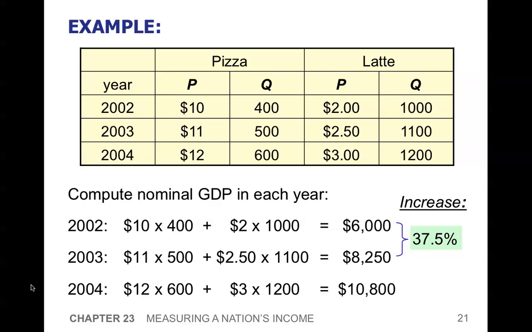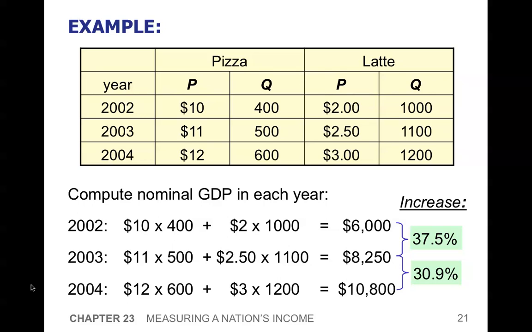So there's an increase of 37.5%. That's taking the change over the base. Or you could say 8,250 divided by 6,000, or the difference, which I think would be 2,250 divided by 6,000. And the change between 03 and 04 is 30.9%.